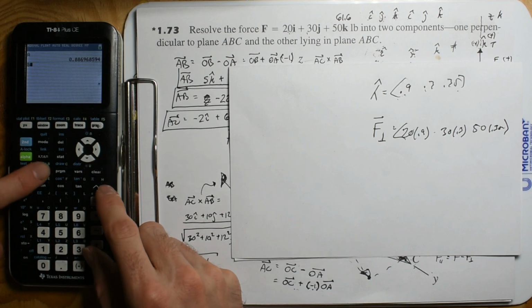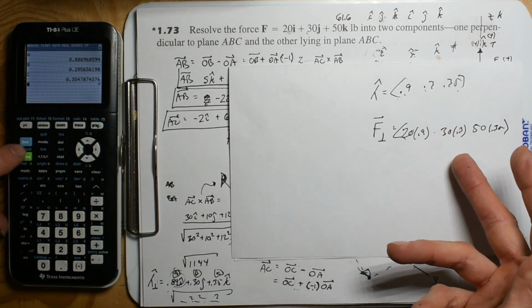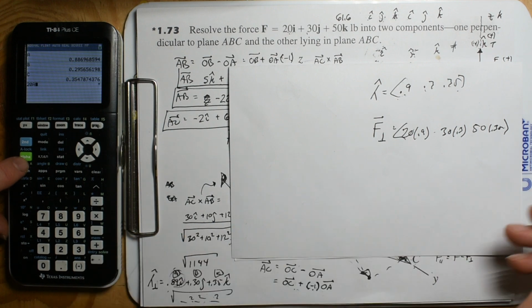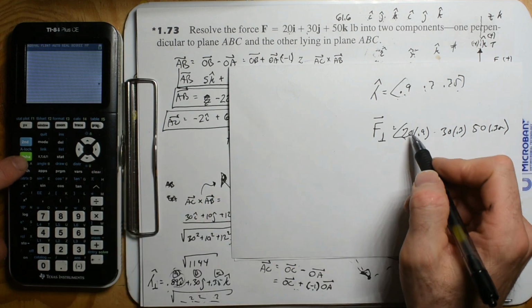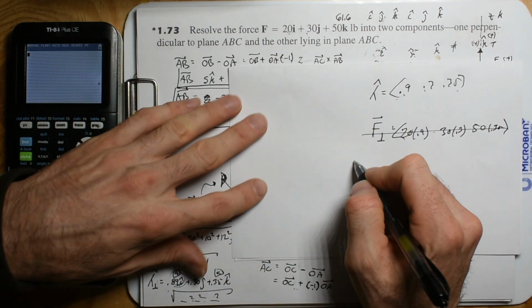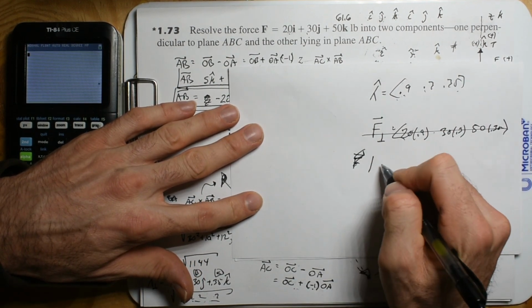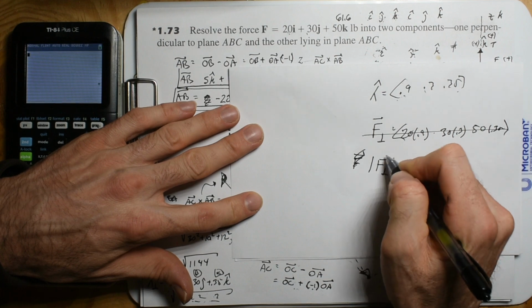So alpha A, alpha B, and alpha C were our perpendicular components. We're going to go 20 alpha A. Oh, whoa. Sorry about this. I said something so stupid. Okay, so we found the magnitude of the perpendicular.